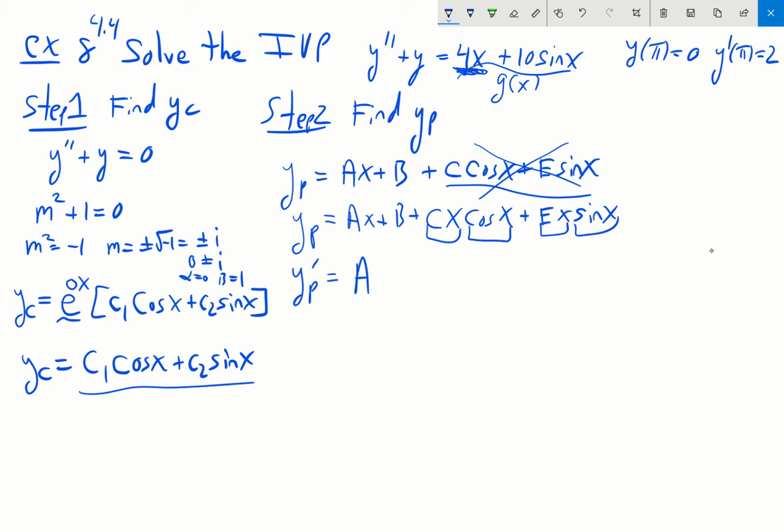The derivative of cx times the cosine of x is going to be c cosine of x minus cx sine x, plus the derivative of the next term, which is going to be e sine x plus ex cosine x.